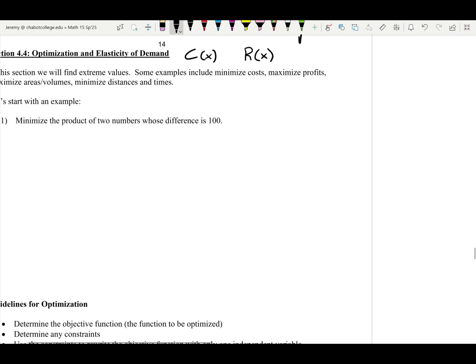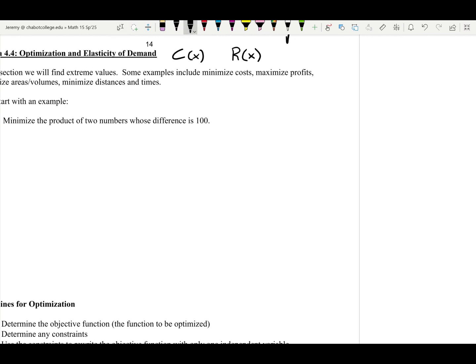There are also a lot of other examples that we'll run into, like say you're designing some kind of shipping container, some kind of box, and you want to maximize the volume of this box. That would be an optimization problem. Or maybe you're designing a shipping container and you have a certain volume that you want, but you're trying to minimize the amount of materials used.